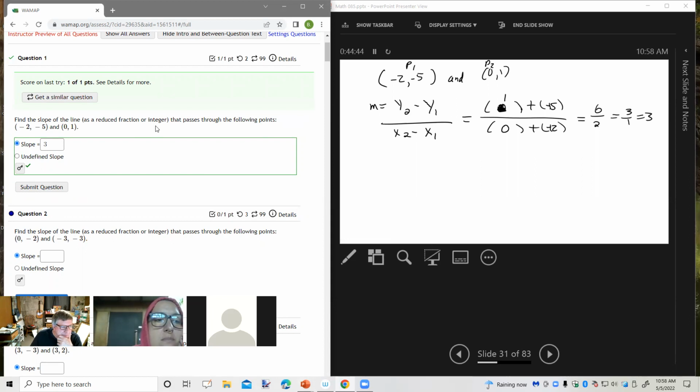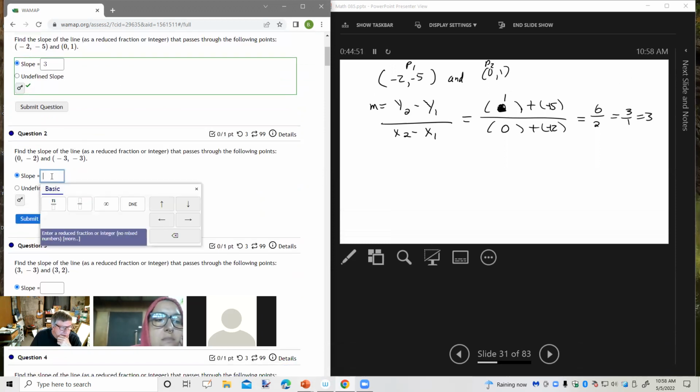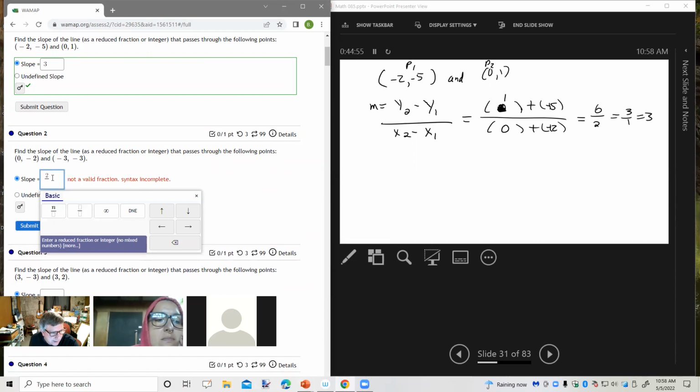Now here's the bummer. I was hoping to get a slope that was a fraction, and it didn't turn out that way. Let me just do this, okay? If I put in a fraction like that, it says not a valid fraction. But once I put it in the denominator, it works. In other words, I can use that slanted key on the keyboard that's right below the question mark, okay? But I could also use this.